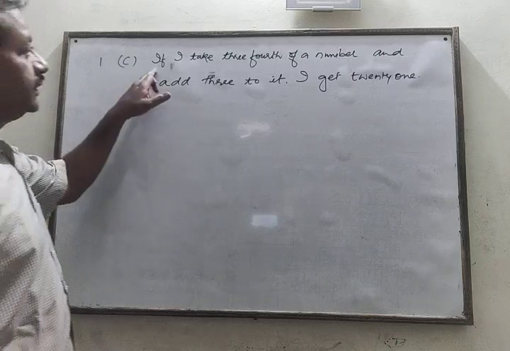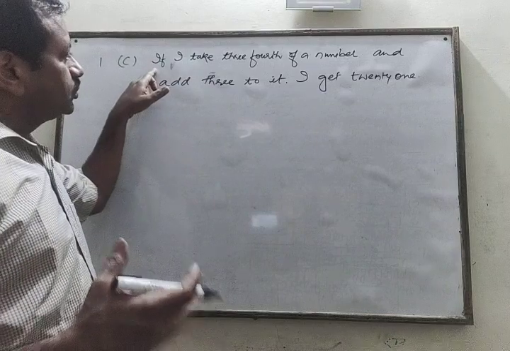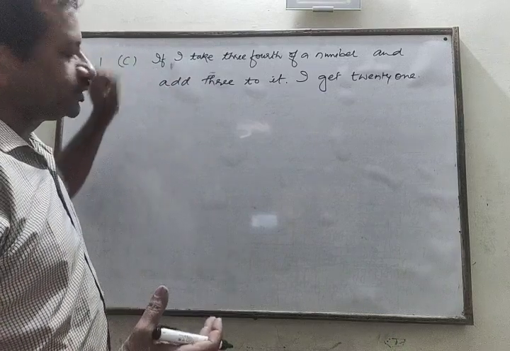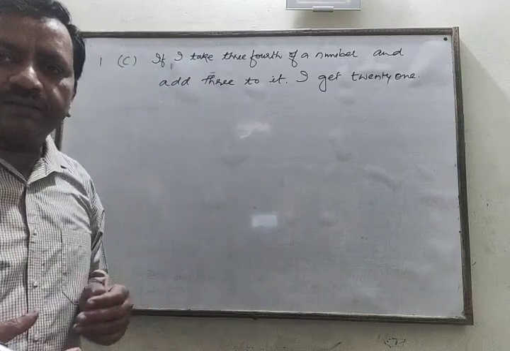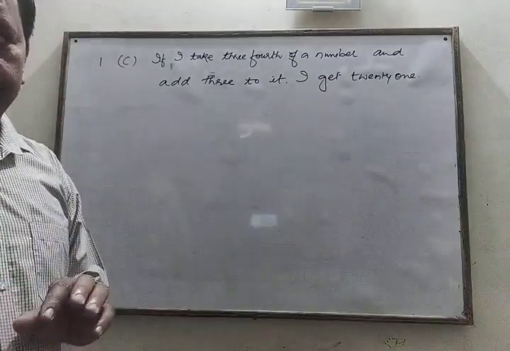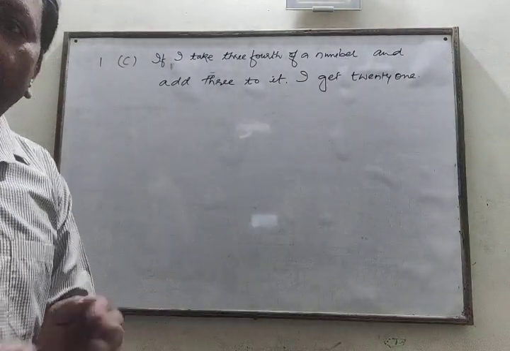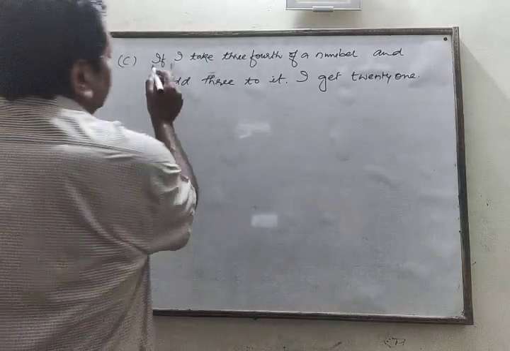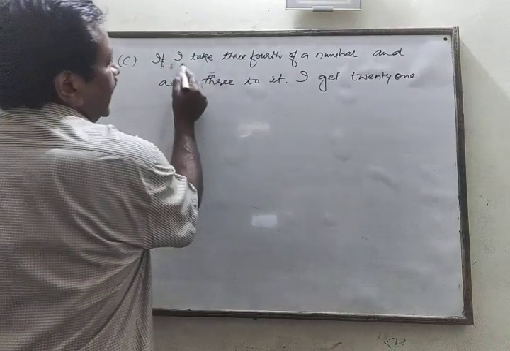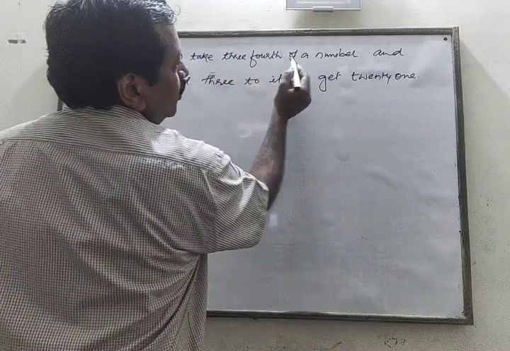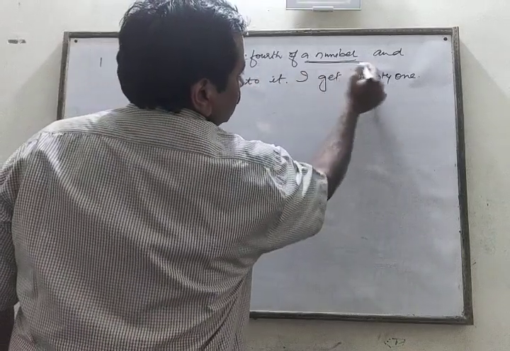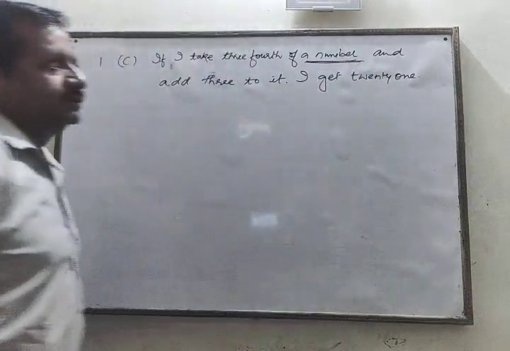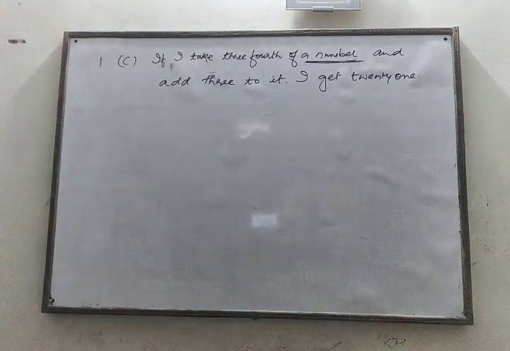Now there are two parts of the same question. First is the understanding part, second is writing the equation. First we need to understand, then we need to write. So first, the understanding part: I take 3/4 of a number, which number? We don't know.